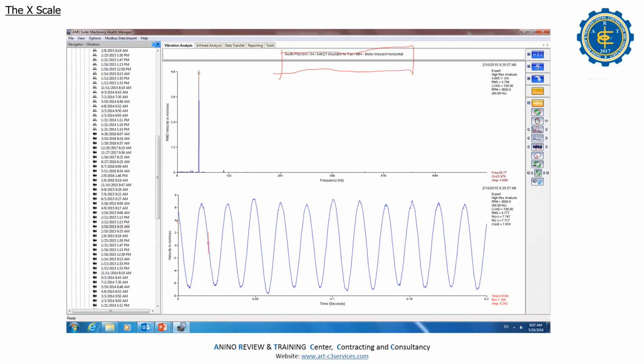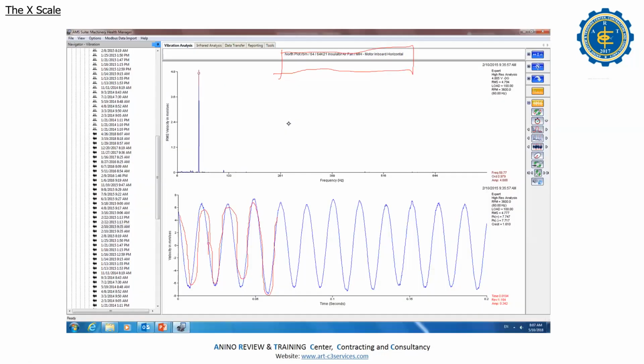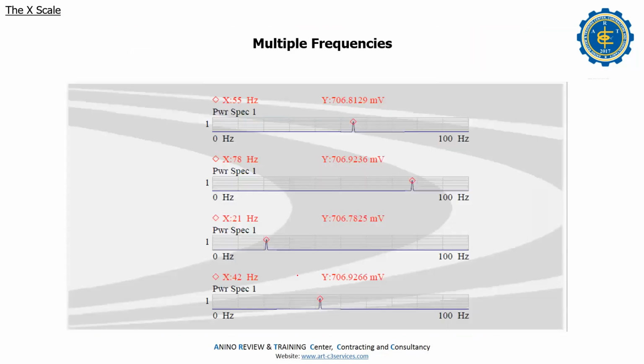You know this is pure 1x, the sine wave of the pure 1x. If you have the data, you must save it, because you see a pure sinusoidal 1x.